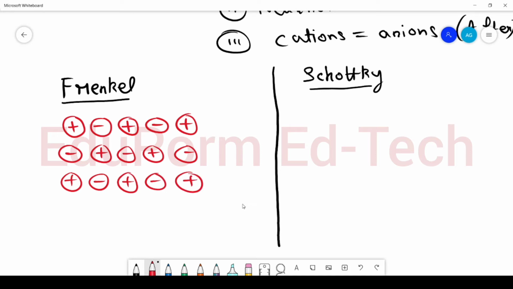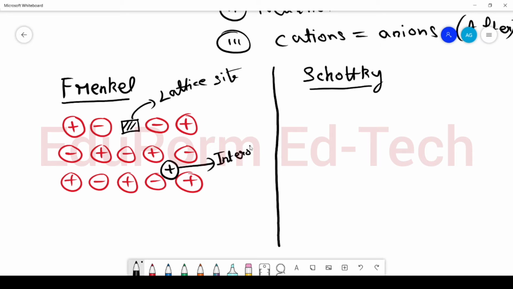Now in case of Frenkel defect, any of the cations, that means any of the positive charges, will leave its lattice site. That means it will leave the site where it should be present in the crystal and it will occupy a site other than the lattice site, which we already studied is called the interstitial site.